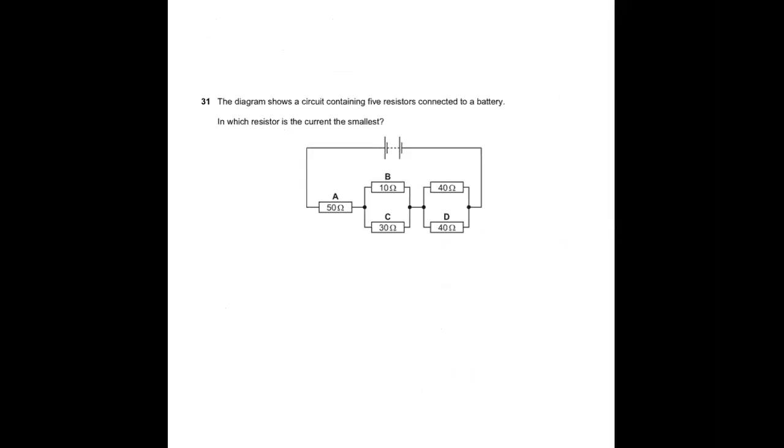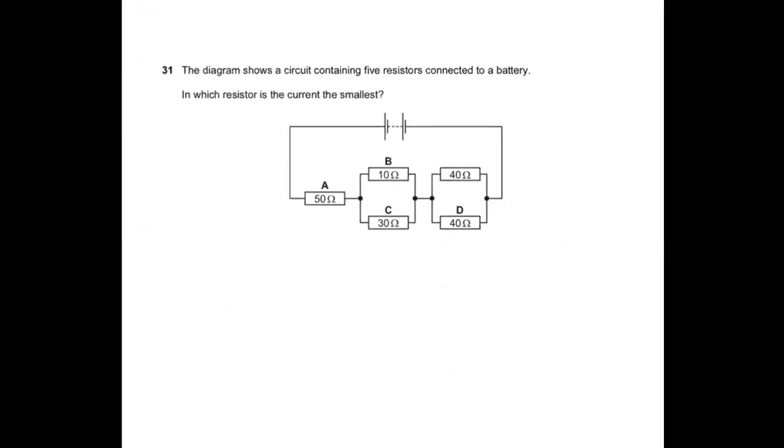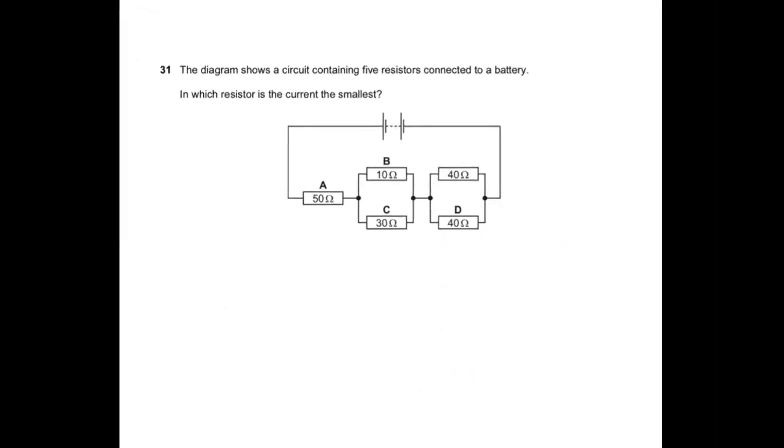The diagram shows a circuit containing 5 resistors connected to a battery. In which resistor is the current the smallest? Current is inversely proportional to the resistance. Over here, the current will be maximum. For example, we can take it as 4 amperes.